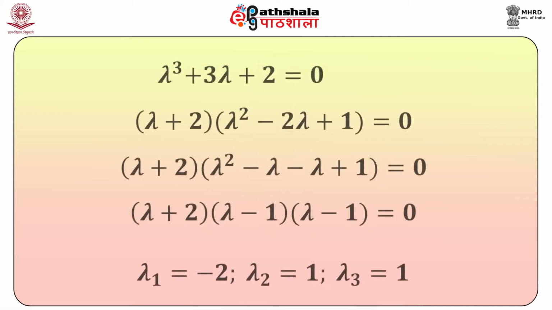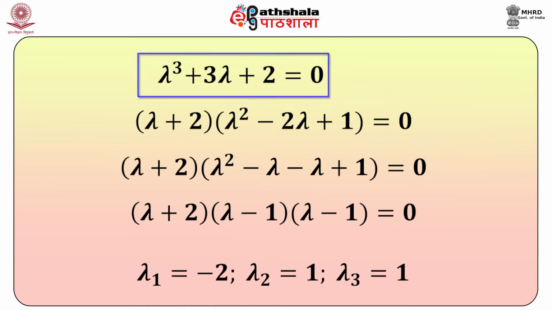Now let's expand this determinant. It comes in the form of a polynomial equation of order 3, lambda cube minus 3 lambda plus 2, and that is equal to 0.